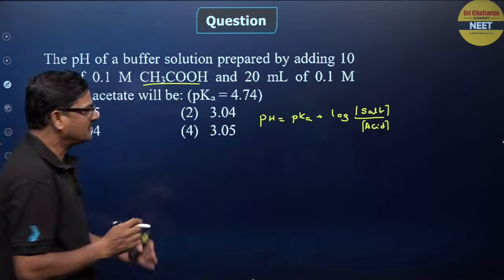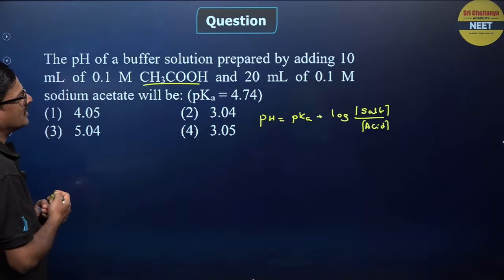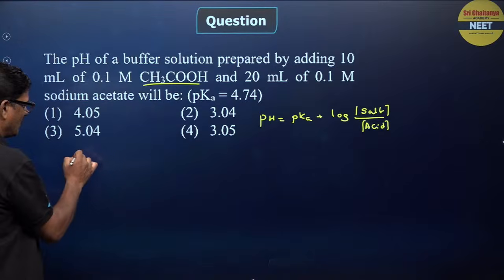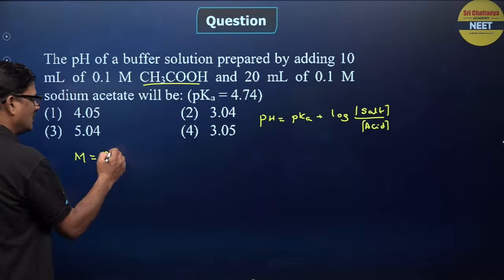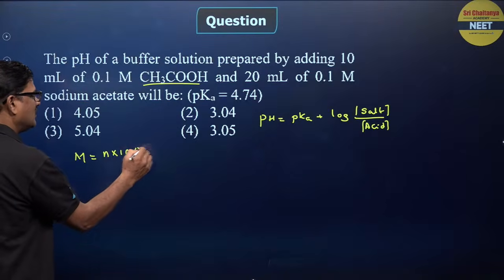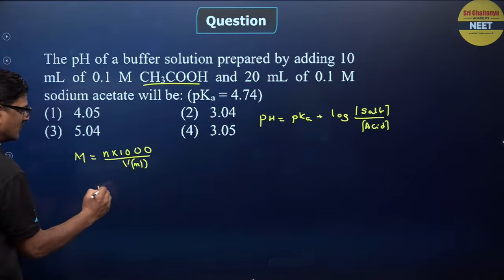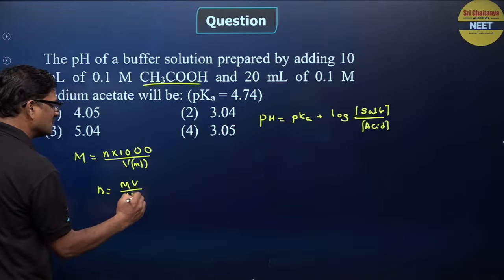So the number of moles of the salt. Here it is 0.1 molar sodium acetate. Molarity is equal to number of moles into 1000 by V in milliliter, right? So number of moles is equal to MV by 1000.